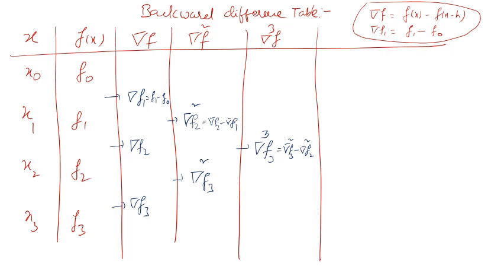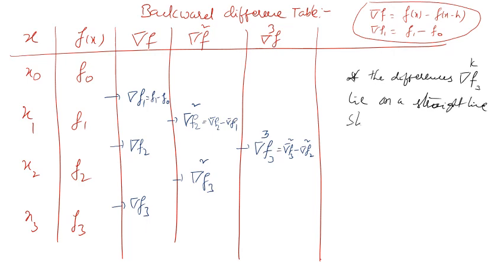And what is the note here? Star point note is what? The differences del power k f3, that means del f3, del square f3, del cube f3, like that, lie on a straight line sloping upward to the right.